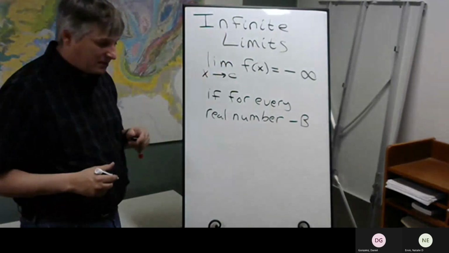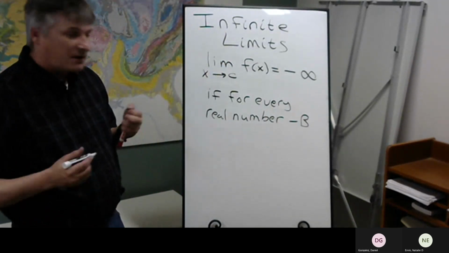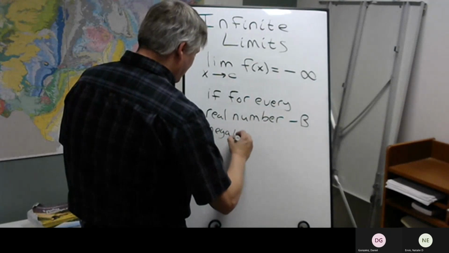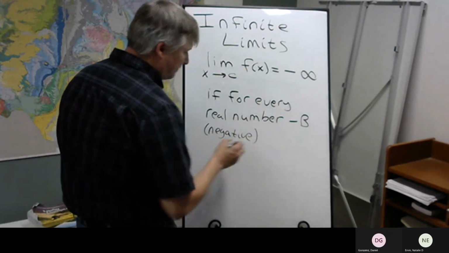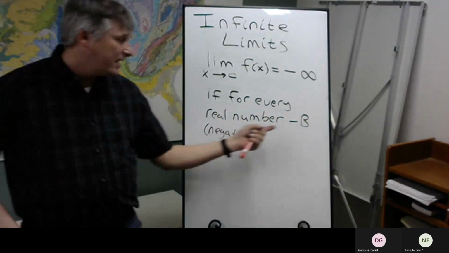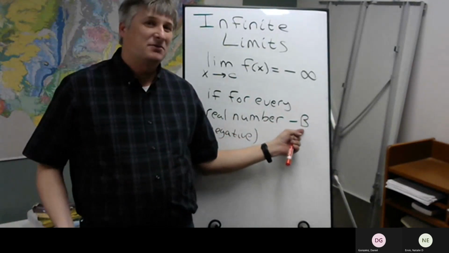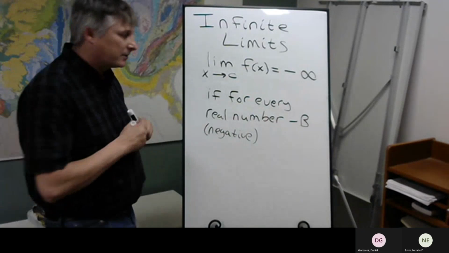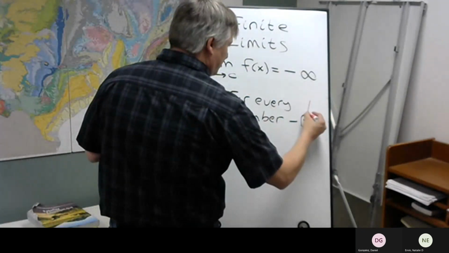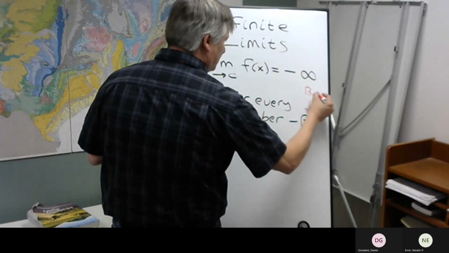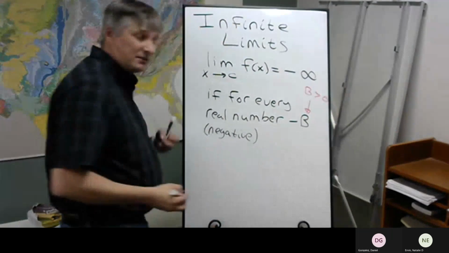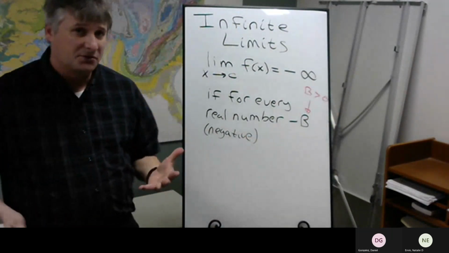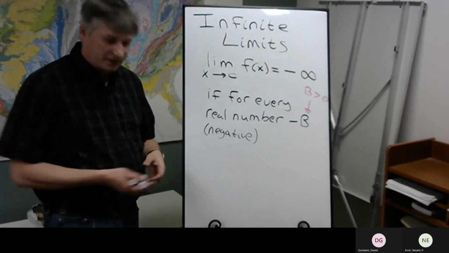Now this might seem like a silly detail here, but negative b, we're going to assume b itself is positive, so negative b becomes a negative number. So for b itself, make this a note, b itself is greater than 0, so negative b is going to be less than 0, or a negative number.